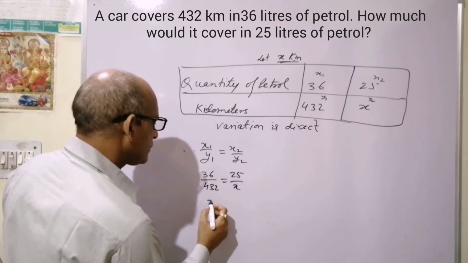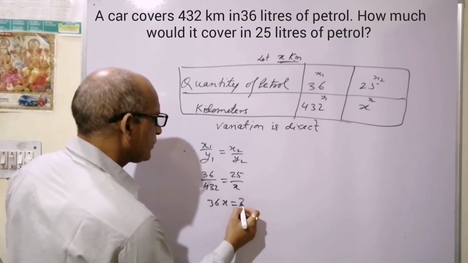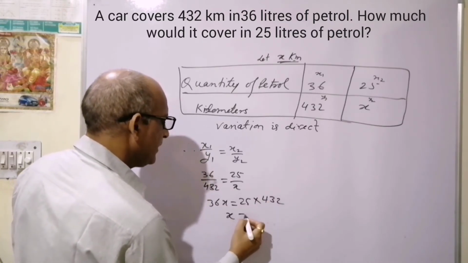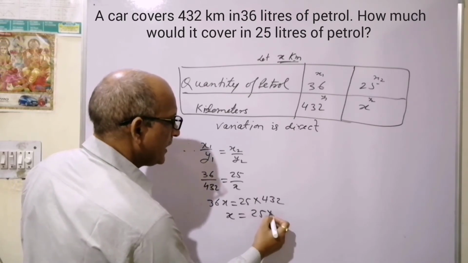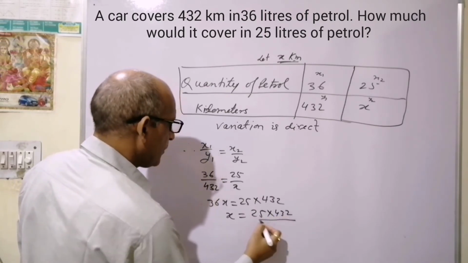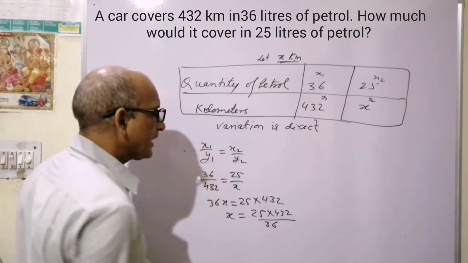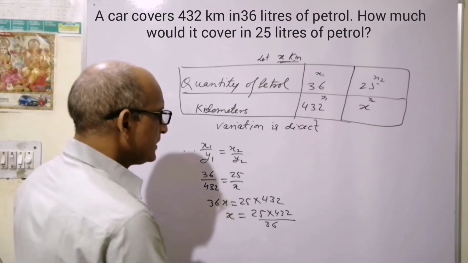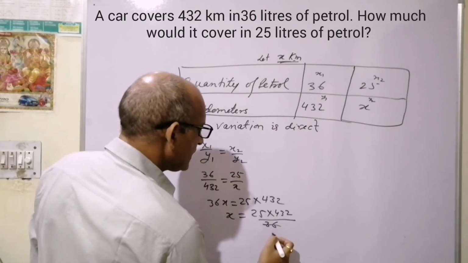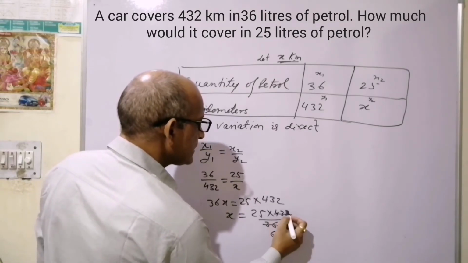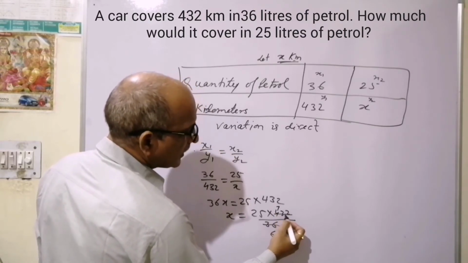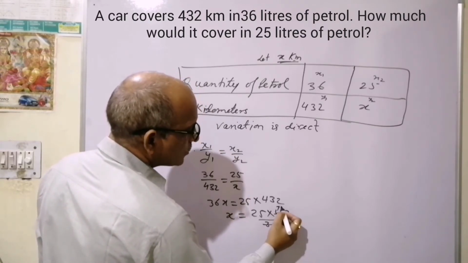Now we'll get x. So 36x will be equal to 25 into 432. The x will be 25 into 432 upon 36. Now get it cancelled. It is simple enough, you can cancel it. 6 times 36. 6 7s are 42, and then 1 carry to make it 12. 6 2s are 12.